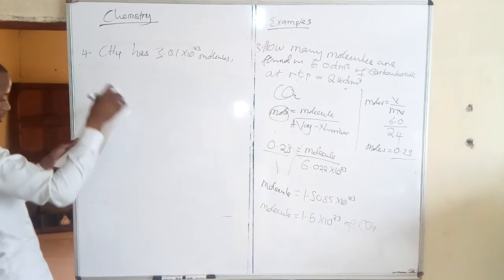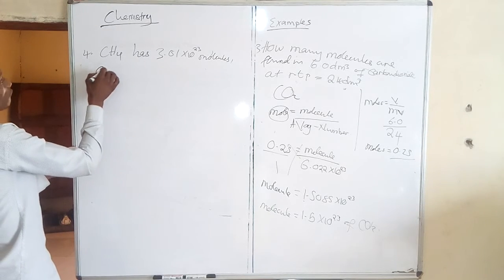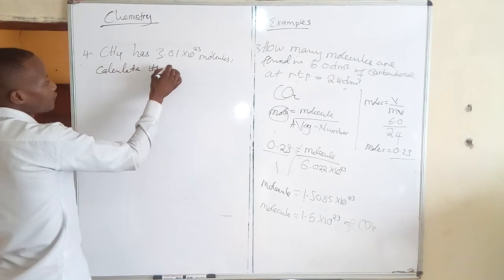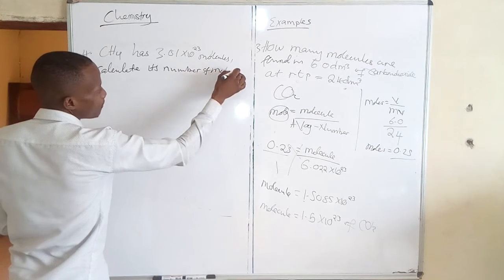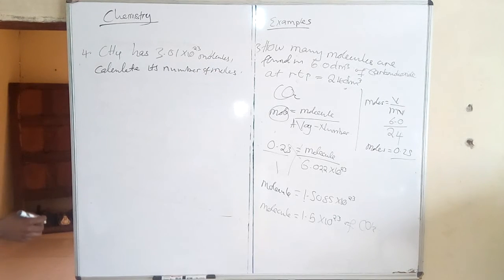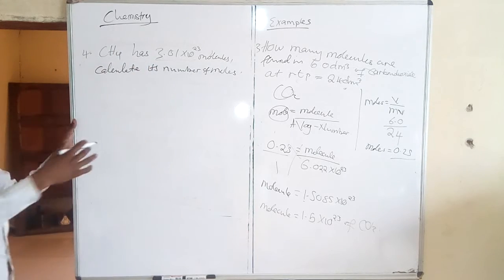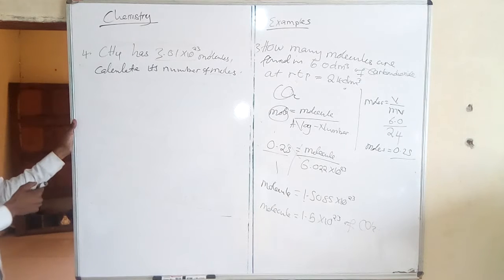Calculate its number of moles. So here we have been given the number of molecules, so it's not the one we want. This time, we want the number of moles.